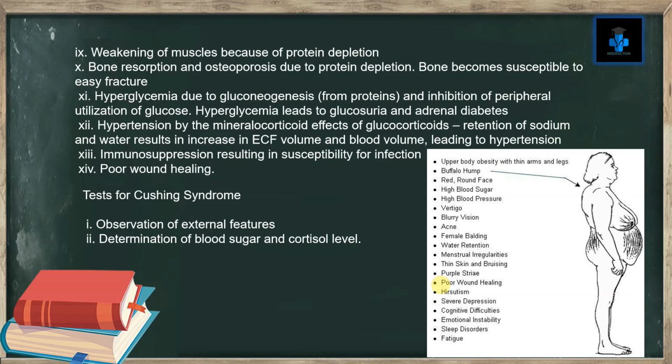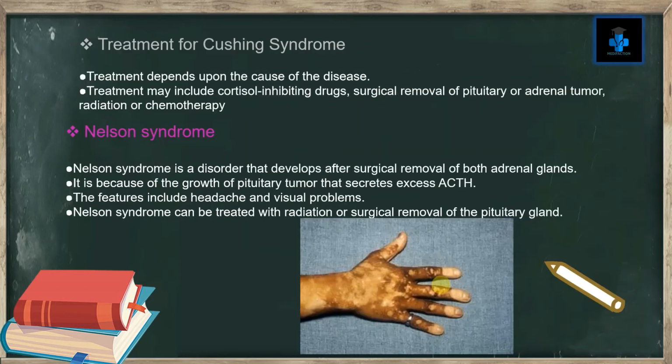Number 2 is determination of blood sugar and cortisol level. Treatment for Cushing syndrome. Treatment depends upon the cause of the disease. Treatment may include cortisol inhibiting drugs, surgical removal of pituitary or adrenal tumor, radiation or chemotherapy.